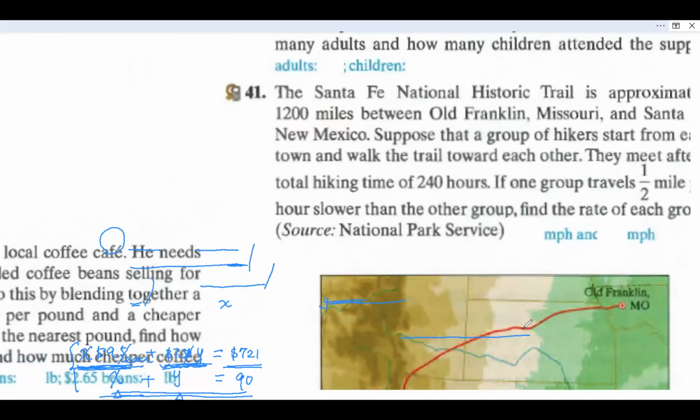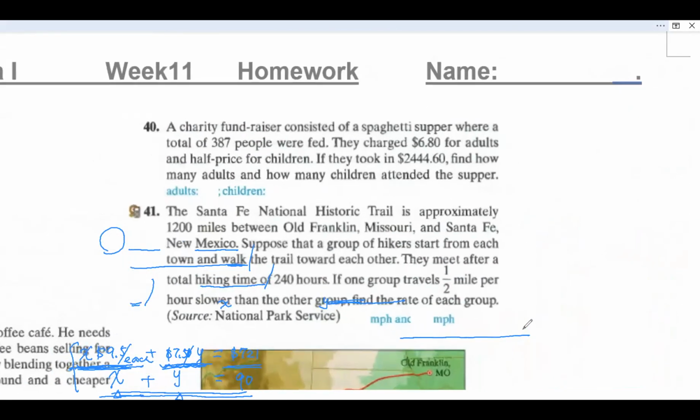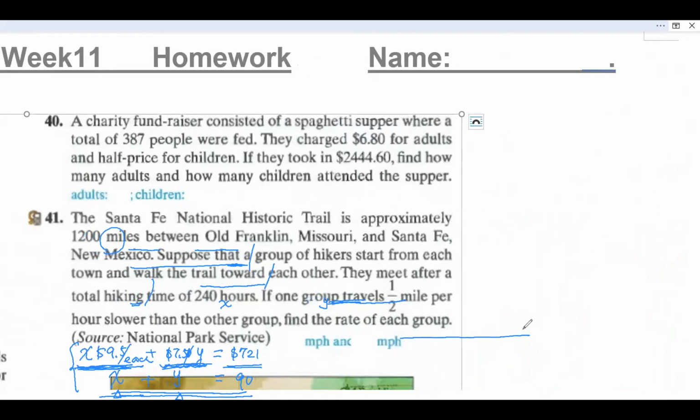Let's go to 40 here. All right. Okay, let's see 40. A charity fundraiser consists of a spaghetti supper, where a total of 380 people were fed.